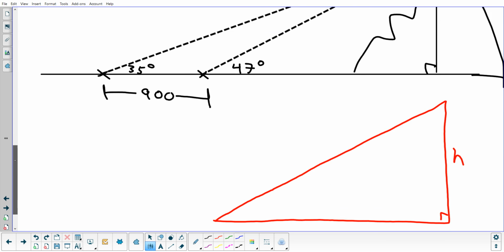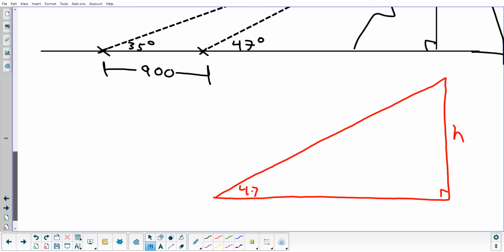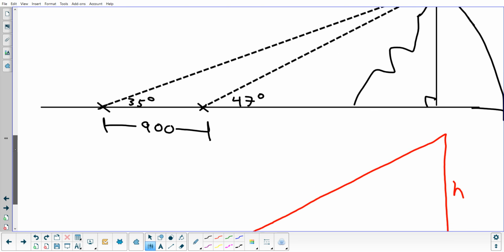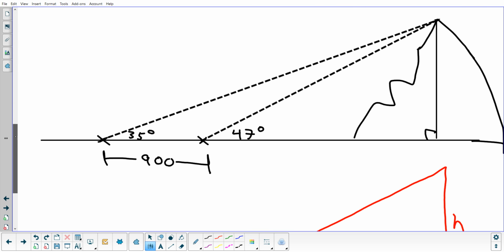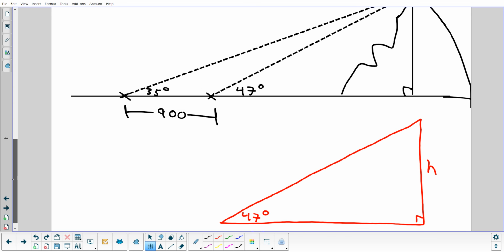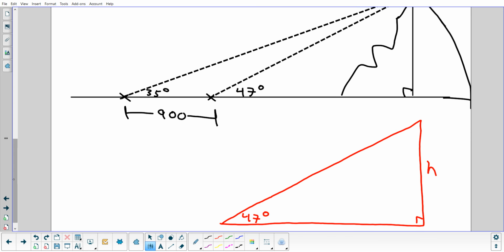Well, we know this is a 47. Do I know any of the sides in the red triangle? How about Matt? Do we know any of the sides in the red triangle? No. Well, that's a problem.